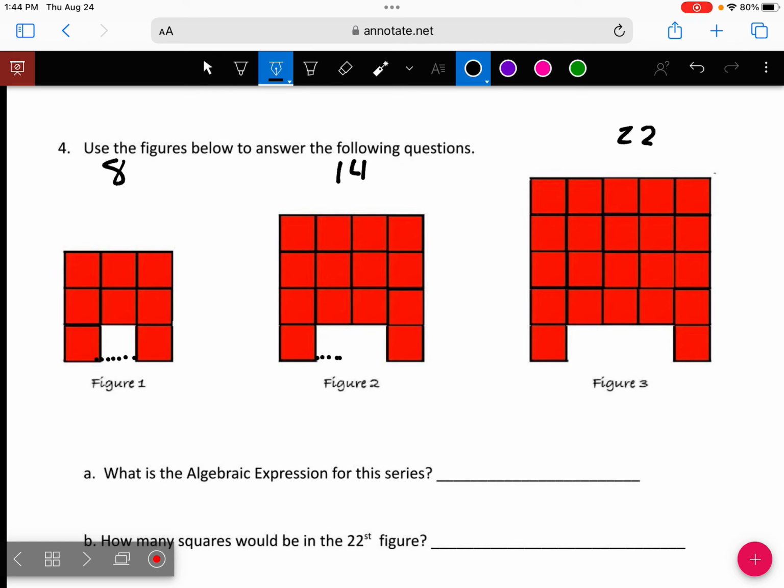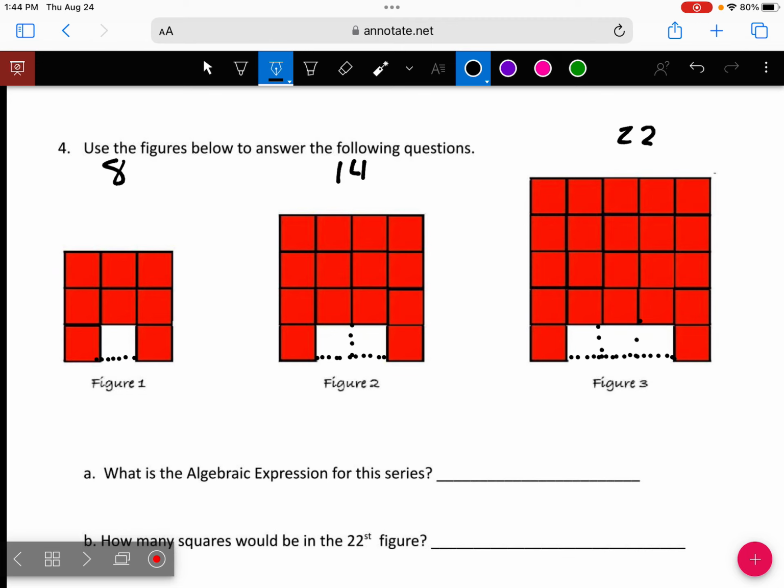What do we notice about the shape overall of these guys? They're getting bigger by 1 on the what? Bigger by 1 square? Oh, you're talking about these little gaps down here?